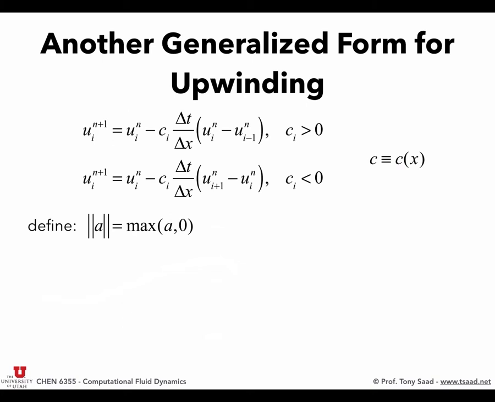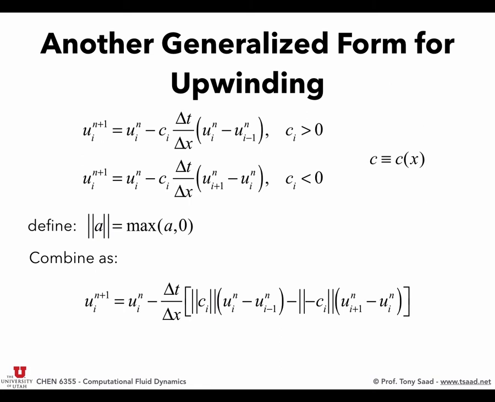If A is a positive quantity, you pick A. Okay, so then what happens in this case? You combine, and you also combine with a backward difference and a forward difference. But notice here the challenge is that you have a minus double absolute value of a minus Ci. Now you can run the exercise in your mind and verify that this is going to return forward or backward depending on the sign of Ci.